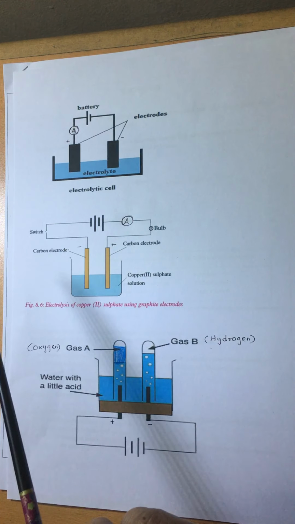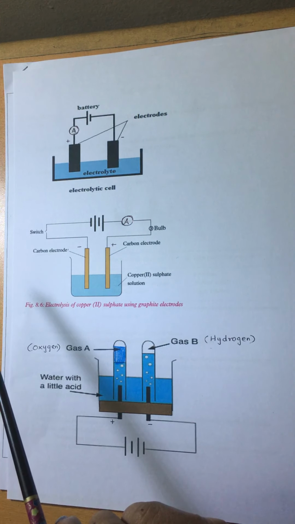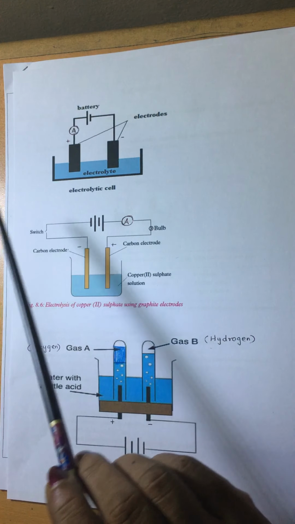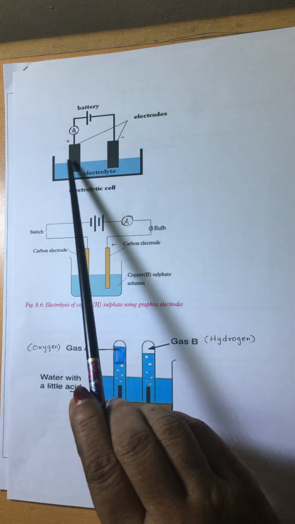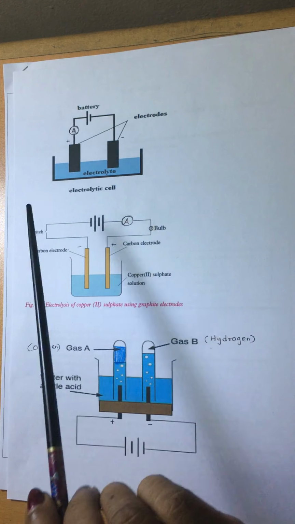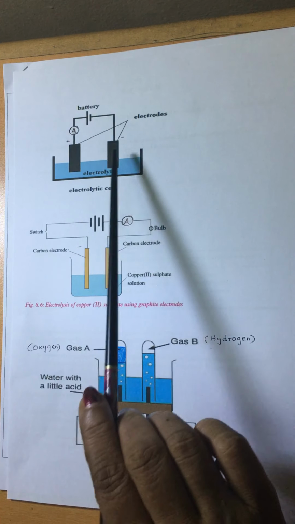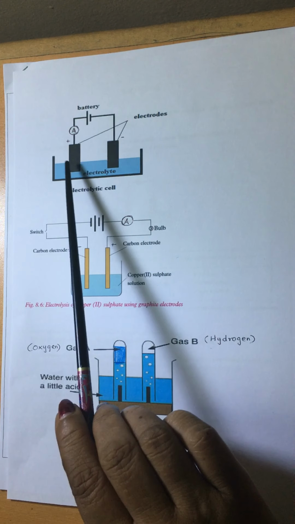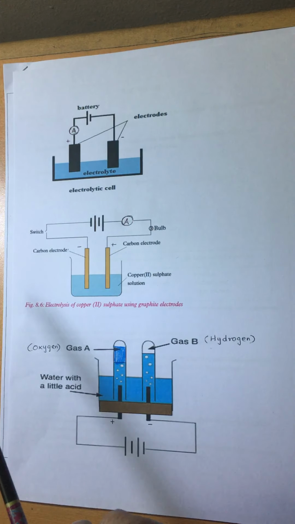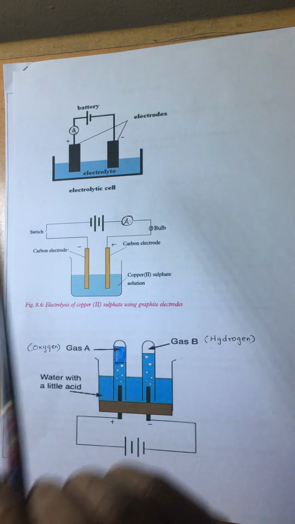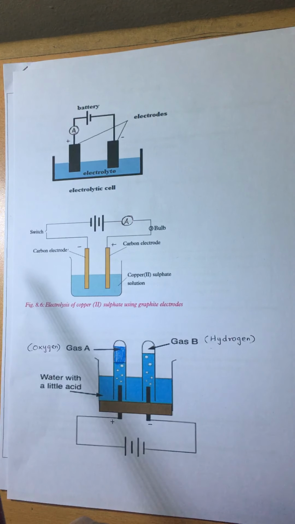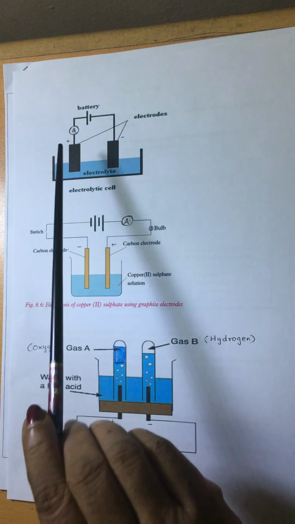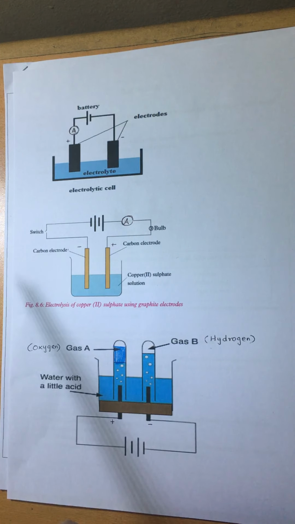For the electrolyte you can use liquid or solutions, and two electrodes are there. As electrodes we can use carbon, that means graphite, carbon rods, or metals. Metals or carbon rods can be used as electrodes, because they can conduct electricity. Metals can conduct electricity. Among non-metals, carbon can conduct electricity.